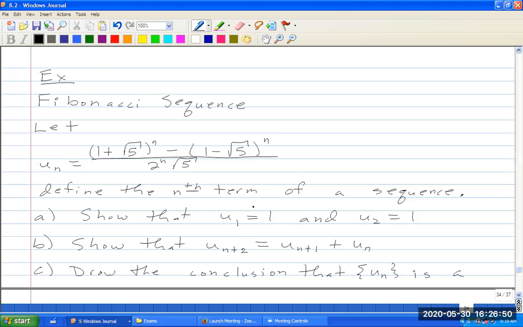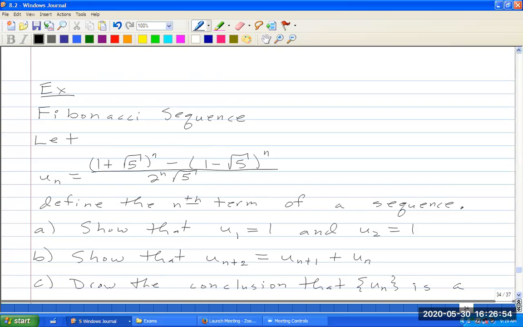The Fibonacci sequence. So let u sub n equal 1 plus radical 5 to the power n minus the quantity 1 minus rad 5 to the power n, all over 2 to the n times rad 5. Let this define the nth term of a sequence.